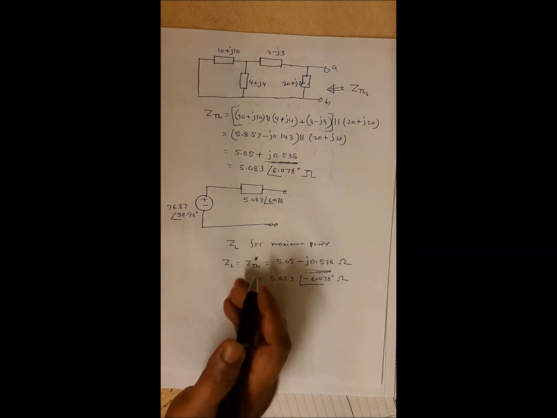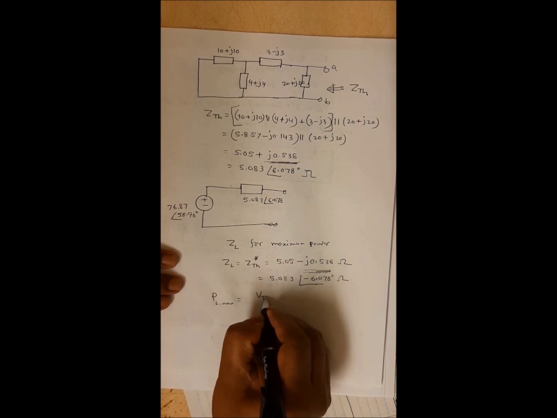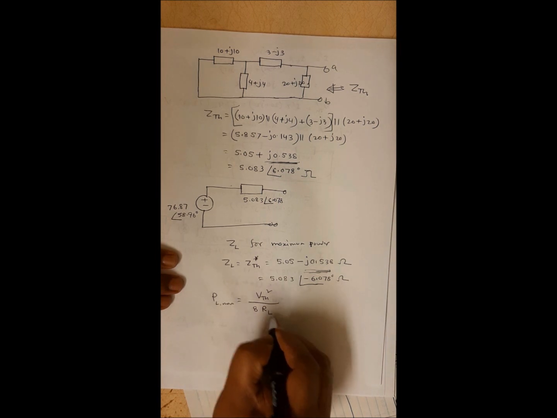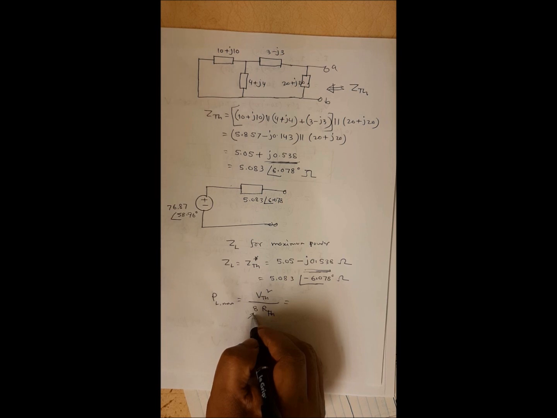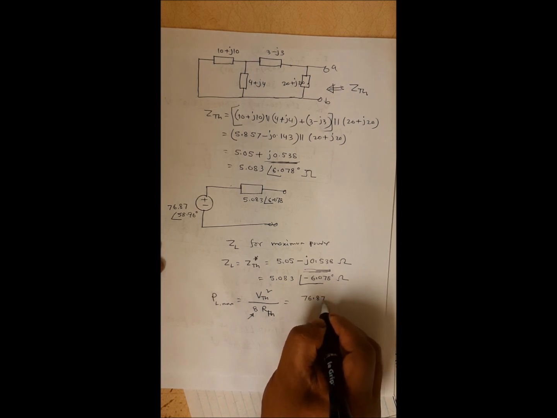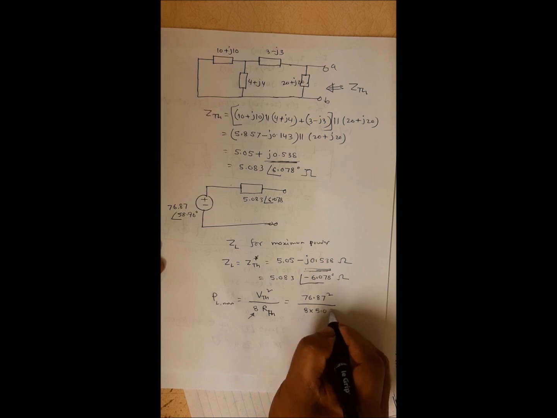Now if you want to find P L max, it will be B Thevenin squared over 8 times R Thevenin. Here I use 8 because the values are not given in RMS, they are given as maximum. If it is not mentioned in the question, you should use maximum. R Thevenin is 5.05.